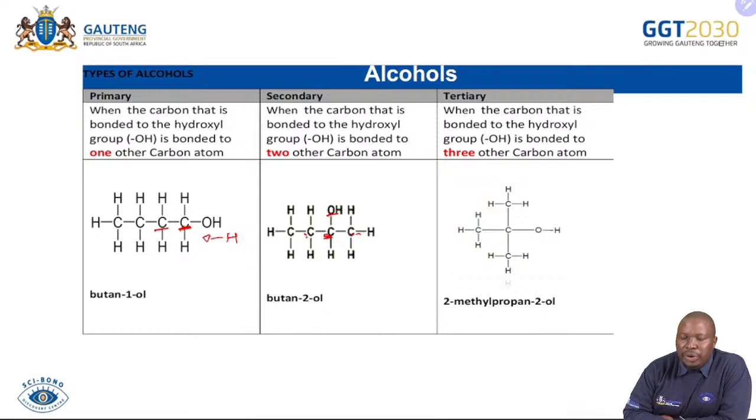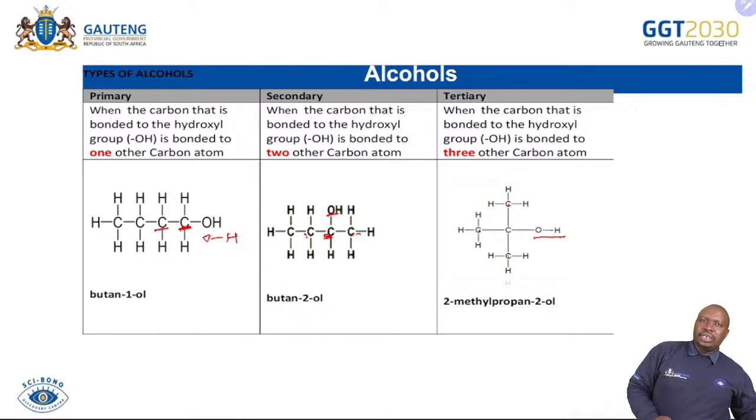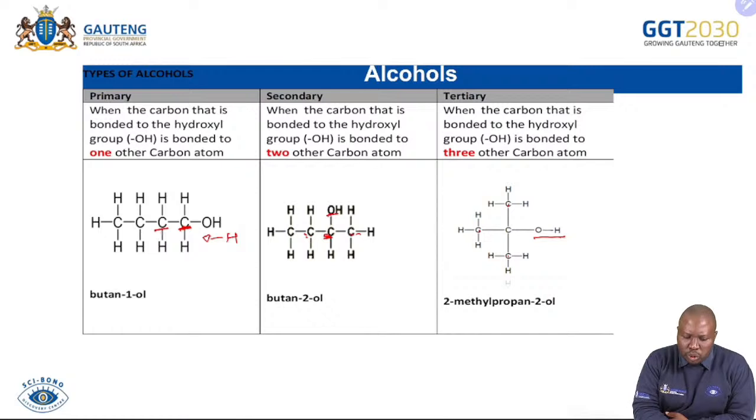Tertiary alcohol, how will you know it's a tertiary alcohol? The carbon that is bonded to the hydroxyl group is bonded to 3 other carbons. So you define primary, secondary, and tertiary based on the number of carbons bonded to the carbon bonded to the hydroxyl group. The question you're asking yourself is, how many other carbons is the carbon bonded to the hydroxyl group bonded to? If it's bonded to 1, you will refer to it as a primary alcohol.